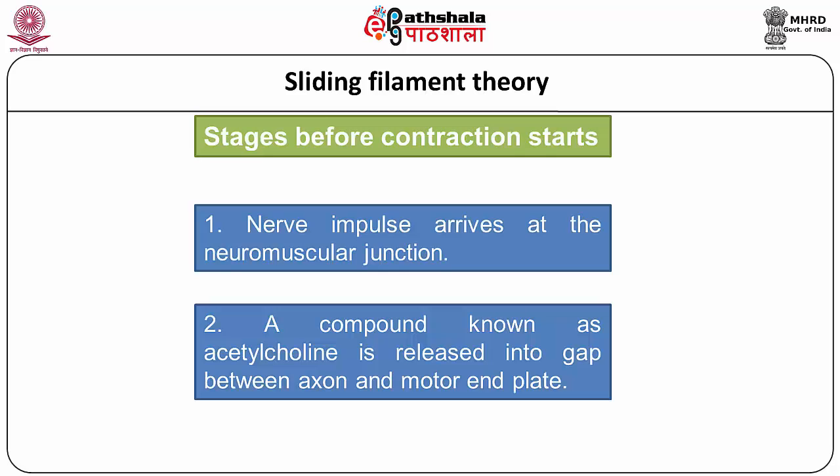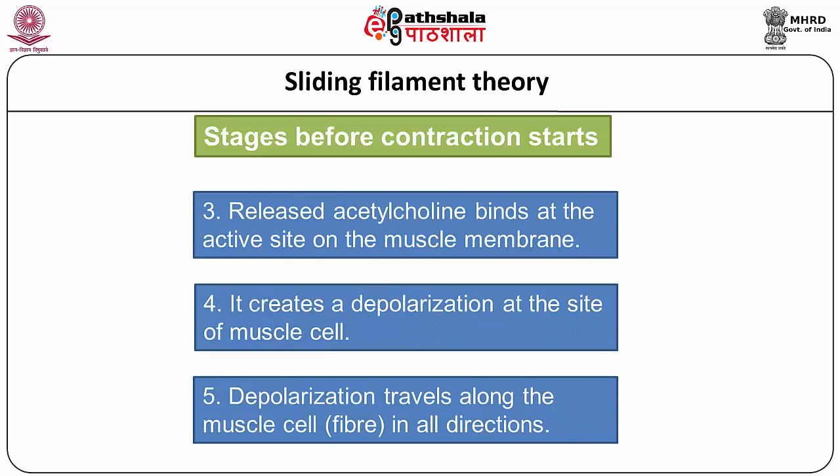The moment the nerve impulse arrives, a compound known as acetylcholine is released into the gap between the axon and the motor end plate. Then this acetylcholine binds at the active site of the muscle membrane. This binding causes depolarization at the site of the muscle cell, and this depolarization travels throughout the muscle fiber. This traveling depolarization wave causes the muscle contraction.